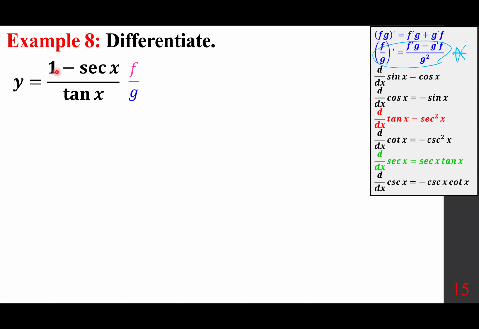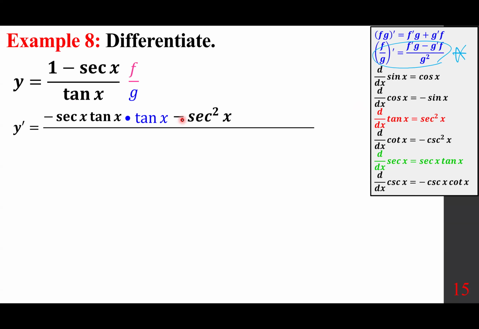So the derivative of the top, 1, gives you 0, negative secant x gives you negative secant x tan x, times g, tan x, minus g prime, the derivative of tan x is secant squared, so minus secant squared, times f, so parentheses 1 minus secant x, and you just write the bottom and square it, tan squared x.